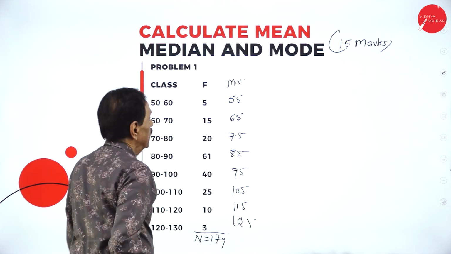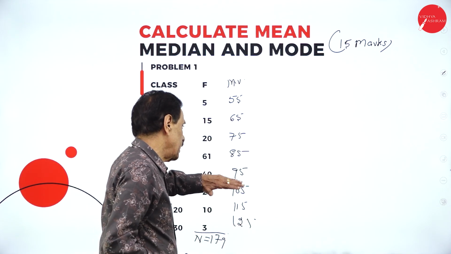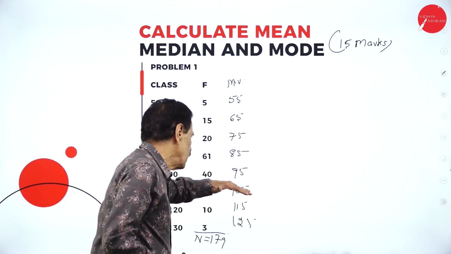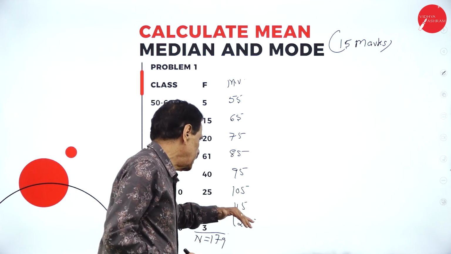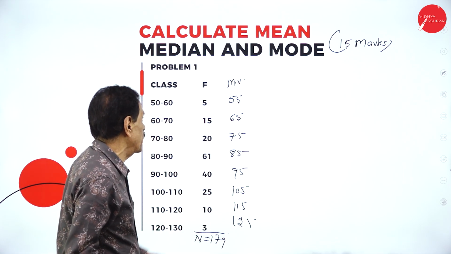Difference of 10. 55, 65, 75, 85, 95, 105, 115, 125.